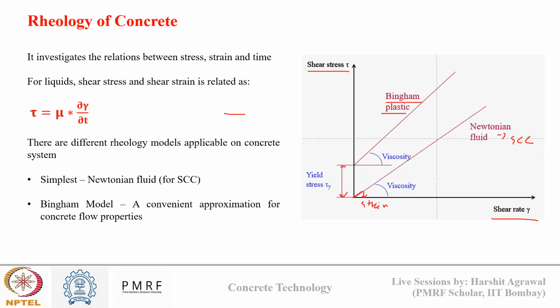Okay, so mathematically for liquids, shear stress and strain rate are related by this equation. Tau is equal to mu times del y by del t. Here tau is the shear stress, del y by del t is the shear rate, and mu is the coefficient of viscosity. Okay, plastic viscosity.